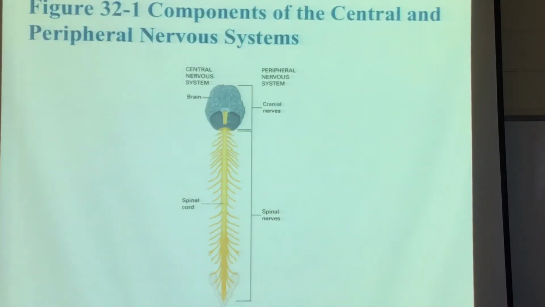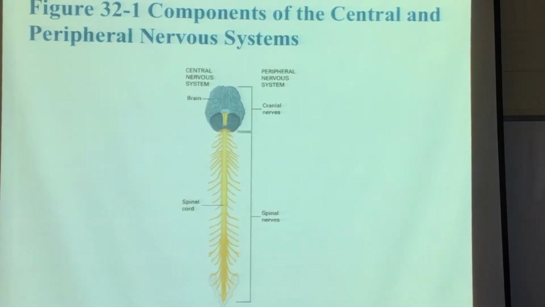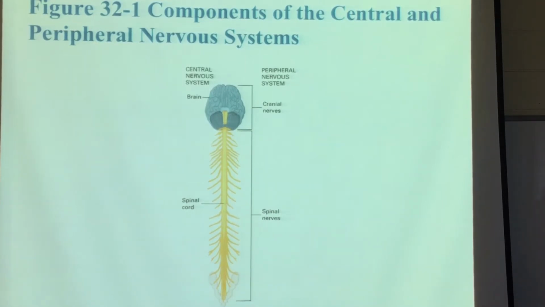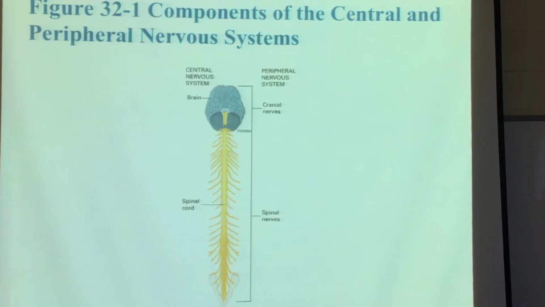Here we see our diagram of the removed bony surfaces of the skull and vertebral column. What is left is the cerebrum, the cerebellum, which is slightly darker gray, and the brain stem. The brain stem penetrates through what's called the foramen magnum and continues down through the spinal column.